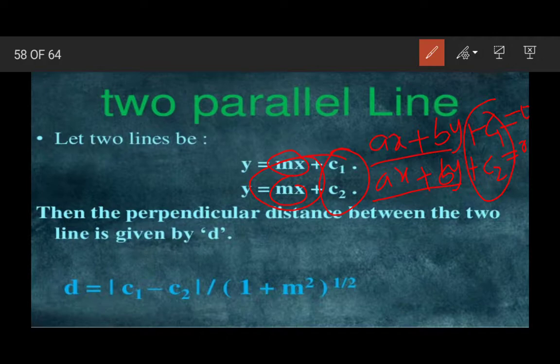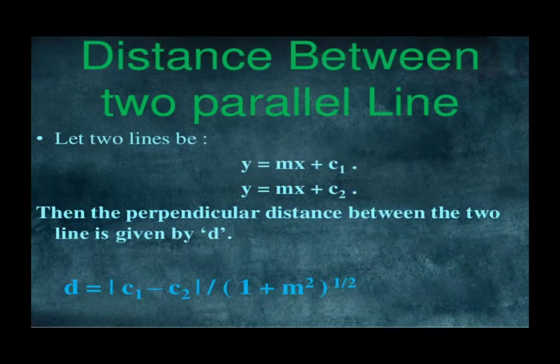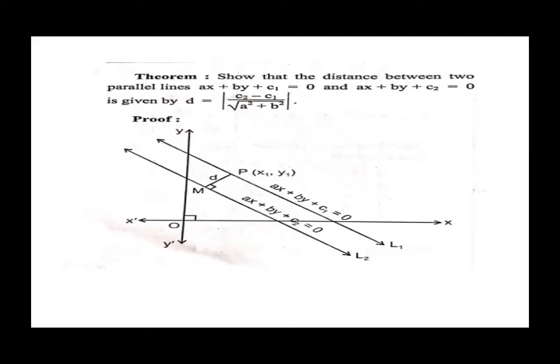Then the distance D will be mod of C1 minus C2 upon root of A square plus B square. Okay, this is the formula for calculating the distance. So let's see the proof.